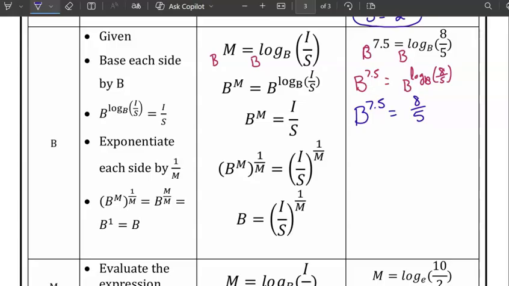You will exponentiate each side by the reciprocal of that exponent. In this case, we're going to exponentiate each side by 1 over 7.5.